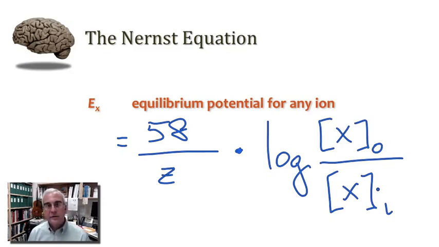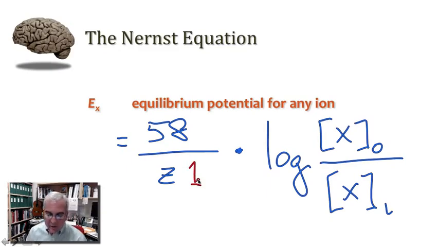And as I've been suggesting, what I really think is important is that you gain an intuitive feel for what this means. So, for example, just looking at this formulation, this means that the equilibrium potential for an ion is going to be proportional to the concentration gradient. And that proportionality is going to be influenced by the valence of the permeant ion. Now, let's start in a very simple situation. Imagine we're dealing with an ion like potassium, so the valence term is actually 1.